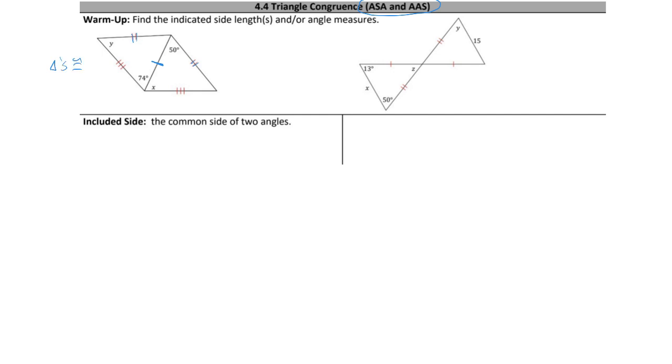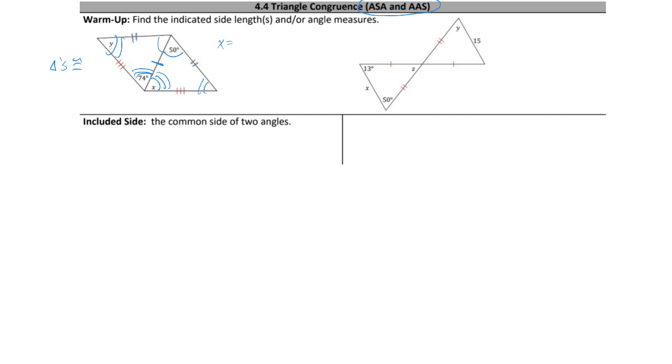That means their corresponding sides are going to be congruent. So 50 is congruent with here because it's between the 1 dash and 2 dash. The ones between the 1 dash and 3 dash are x and 74, and then y and this angle are congruent.